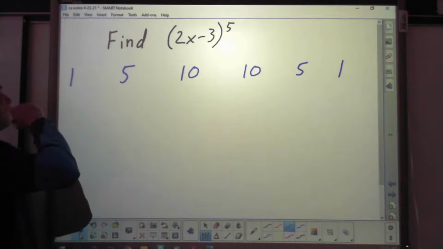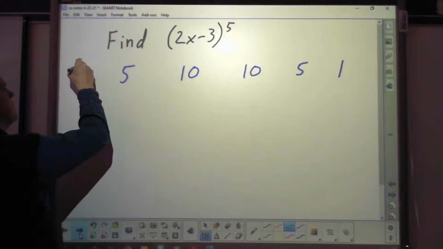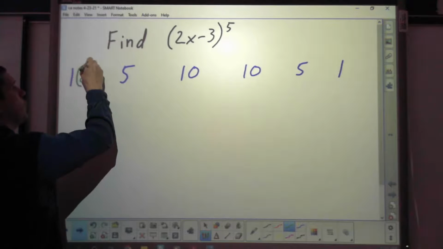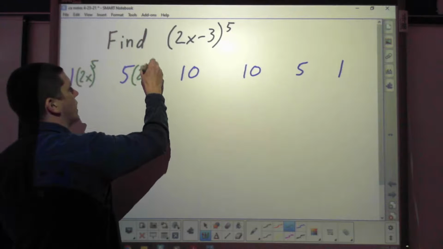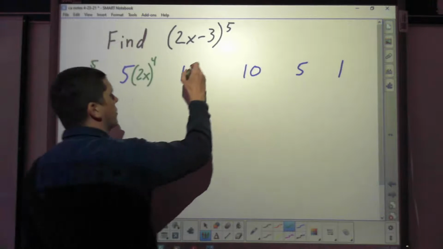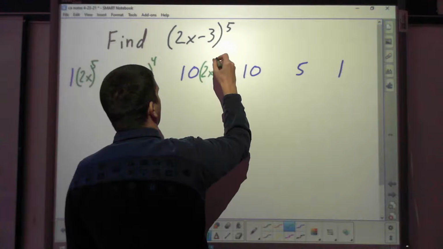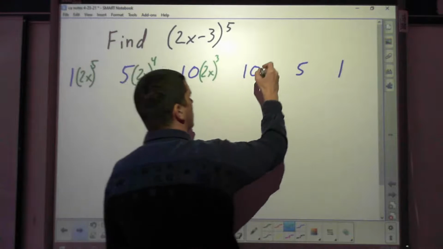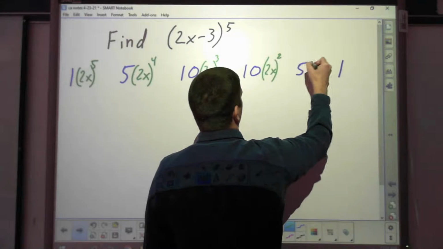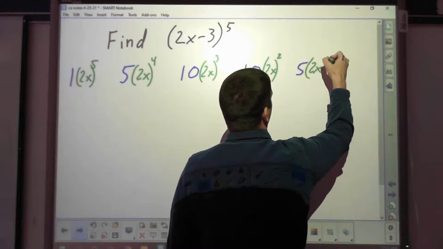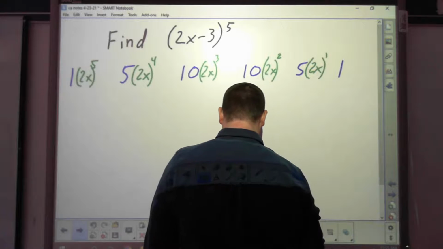Now I just have to go ahead and I'll say this is 2x to the 5th power, 2x to the 4th power, 2x to the 3rd power, 2x to the 2nd power, 2x to the 1st power.